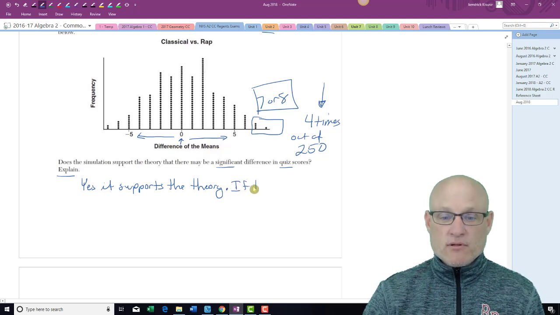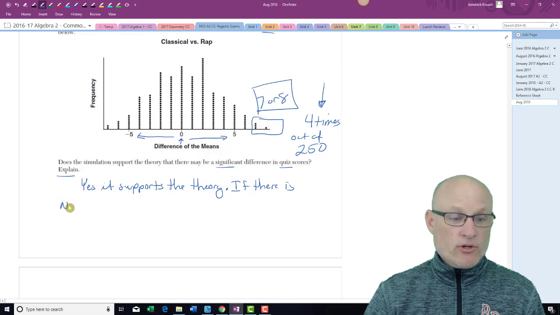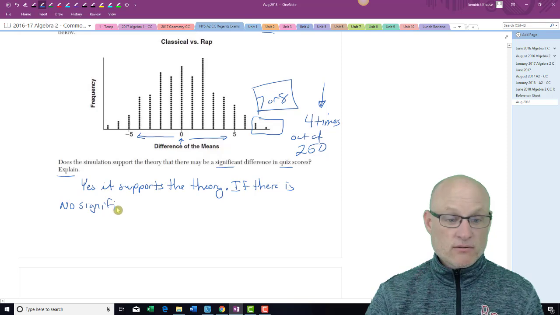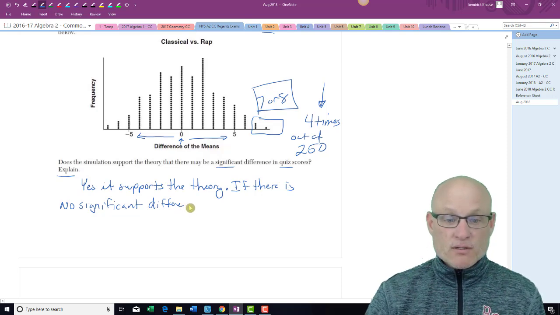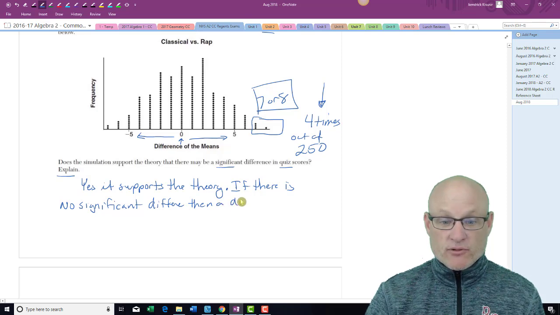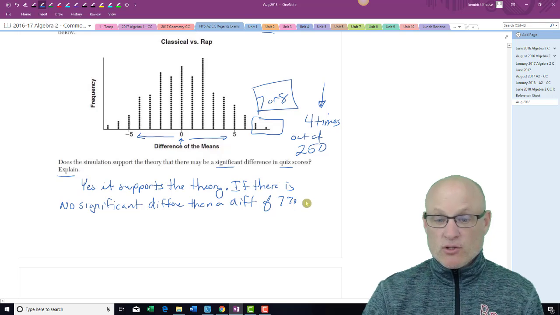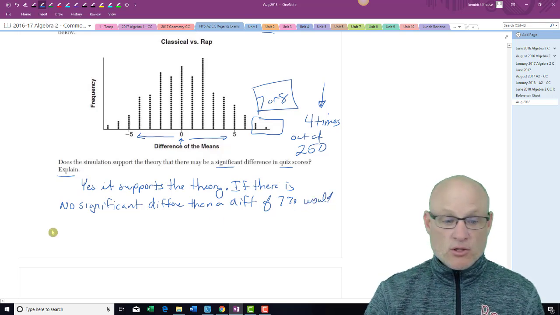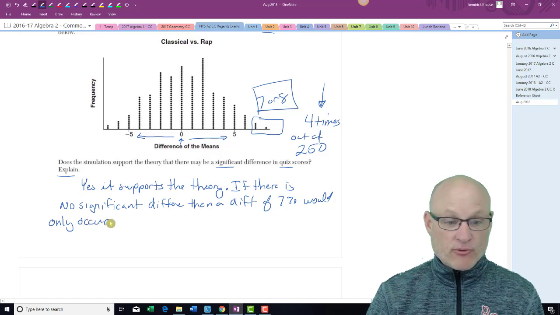If there is no significant difference, then a difference of 7% would only occur. Now I'm going to figure out what this percentage is.